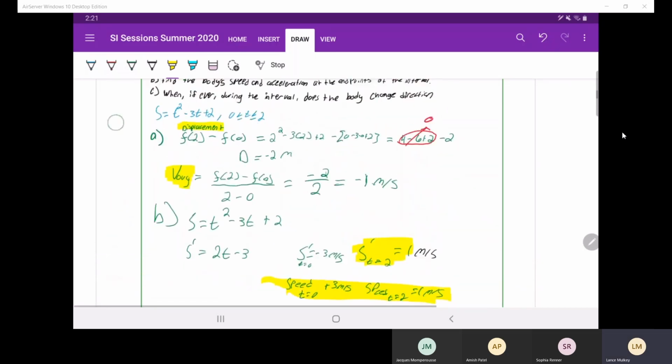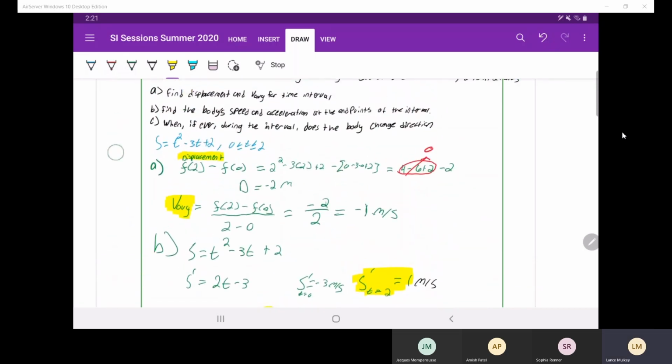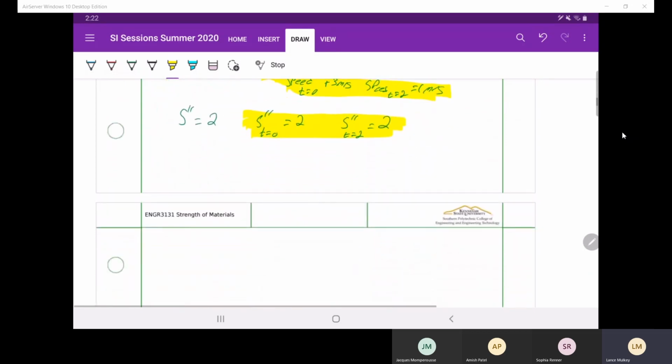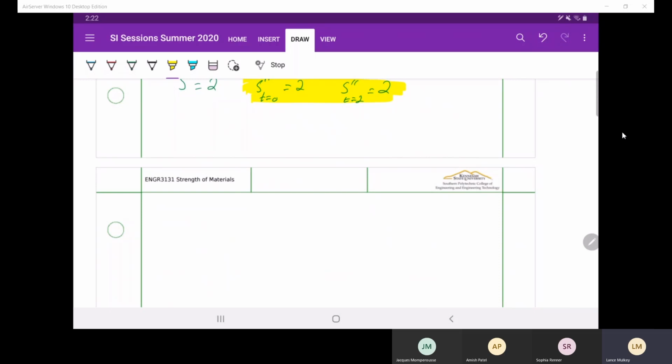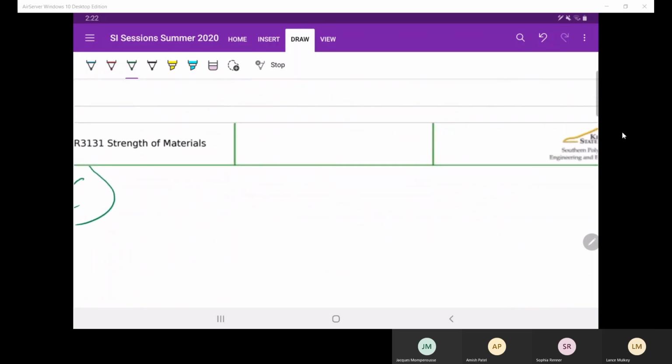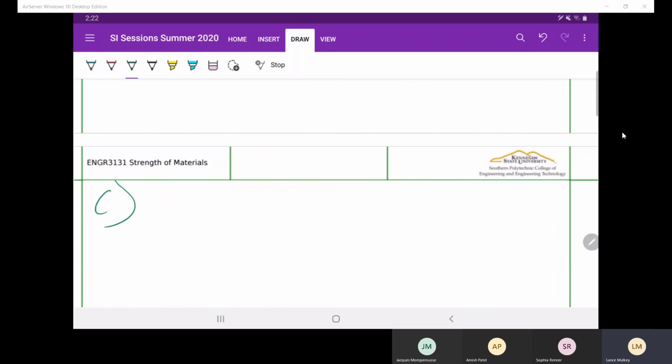Okay. And now for C, when, if ever, during the interval does the body change direction? Now, I'm going to ask y'all to tell me, how do we solve this one? Give me some hints. Correct. First derivative.